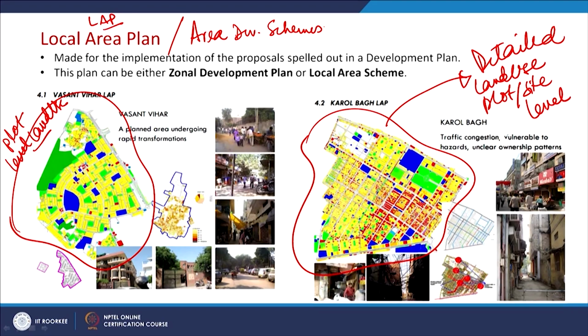That is the difference between a local level plan or zonal level plan and a city development plan. A city development plan prescribes the gross land use at the city level or the area level, whereas the local area plan or zonal plan or area development scheme denotes the land use at the site level or the plot level.